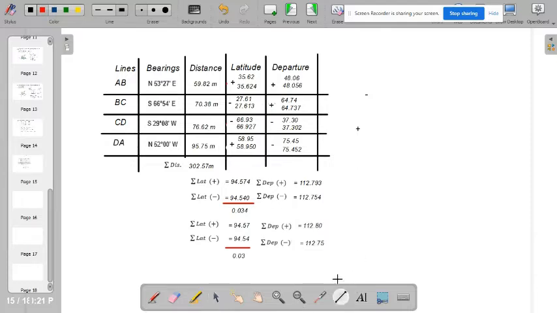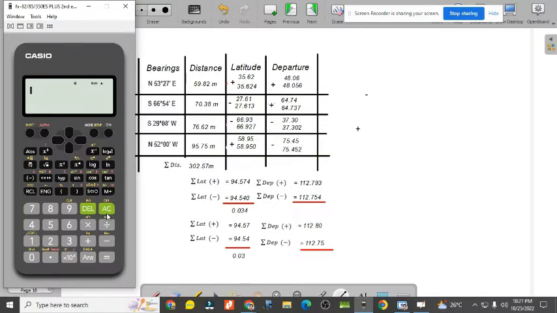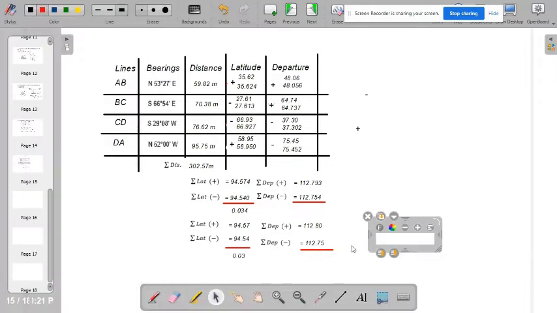Okay, so let's get the difference. On the first one, the three decimal places, 793 less 754, that is 0.039.